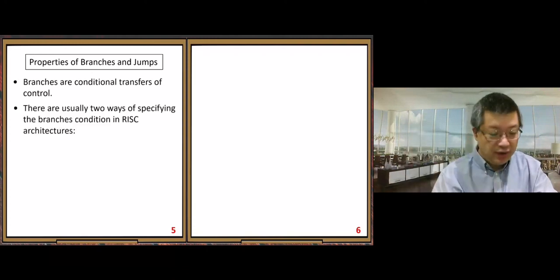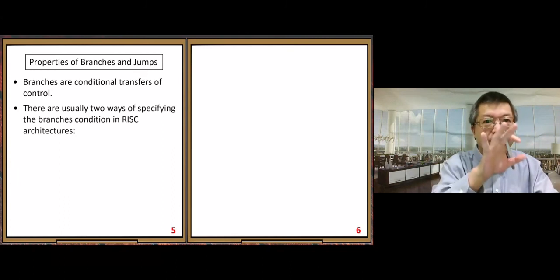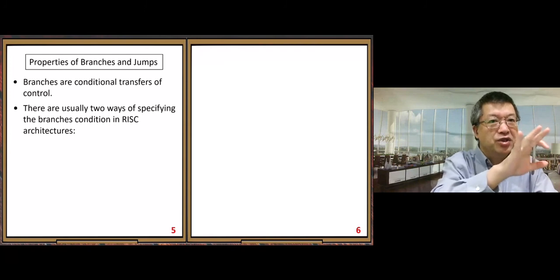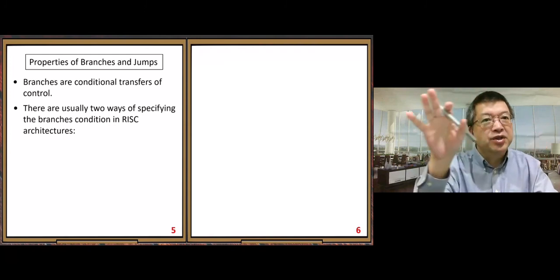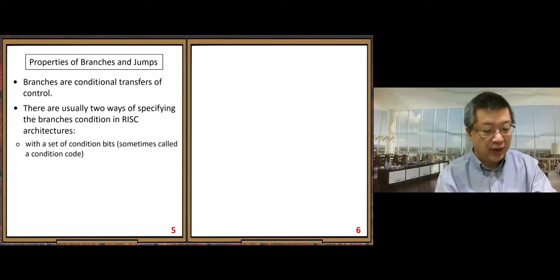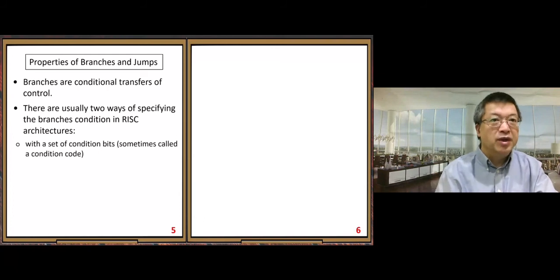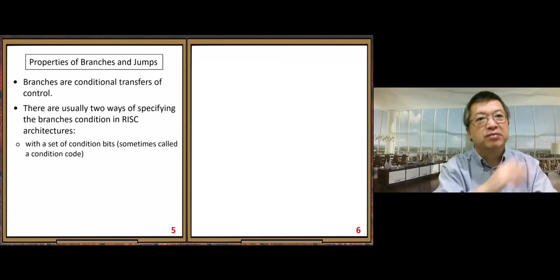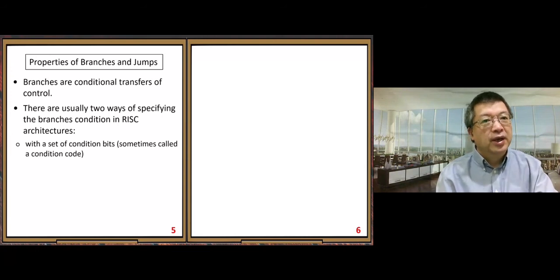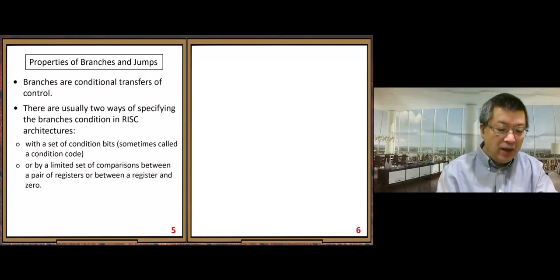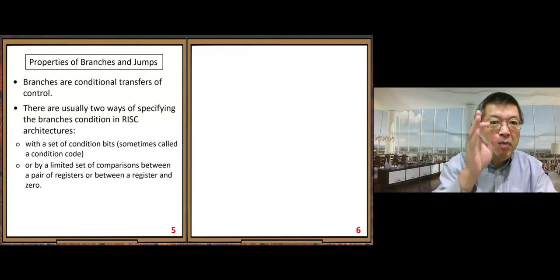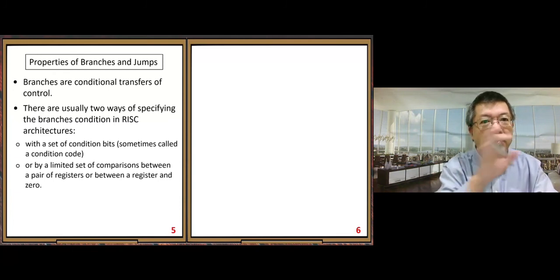There are usually two ways of specifying the branch condition in RISC architectures. The first is with a set of condition bits, sometimes called condition code. Or by a limited set of comparisons between a pair of registers or between a register and zero.